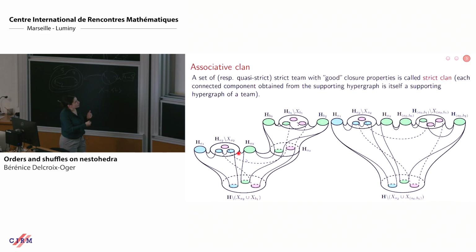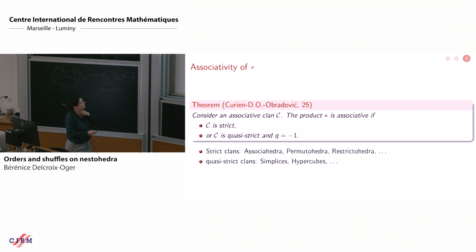We want these drawings to be the same as this drawing. So we want some kind of associative condition. Just remember the associative condition. And what we get is that the shuffle product obtained is associative if the family is strict, or if it's quasi-strict and we have this -1 coefficient in front of what we get when we choose the root from both sides. Okay?